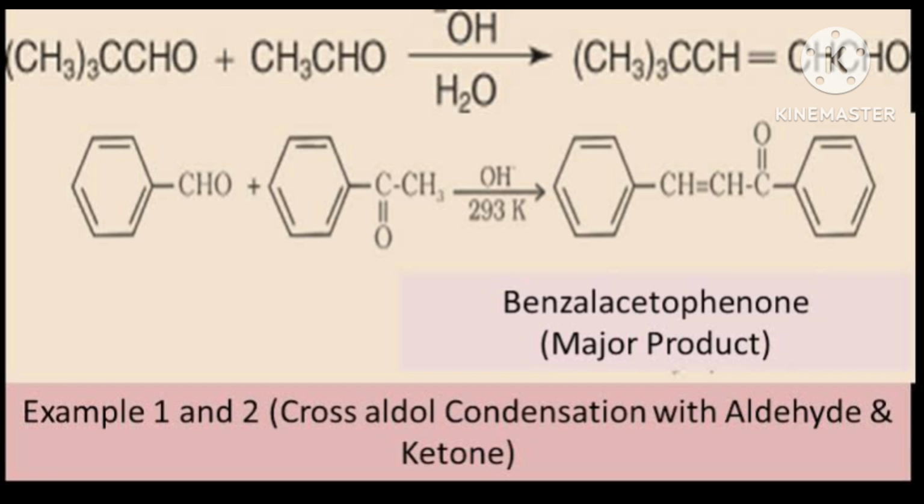Then 4 carbons are there, and with CHO, total 8 hydrogens will be there, including 2 molecules of CH3CHO. CH3 has 3 H and CHO has 1 H, so 4 hydrogen and 1 oxygen in one molecule: 2 carbon, 4 hydrogen, 1 oxygen. Correct?